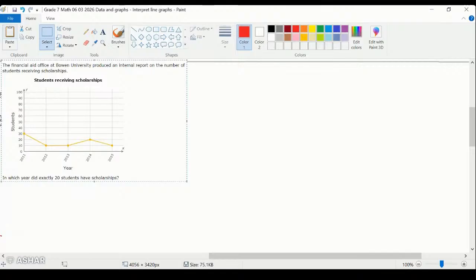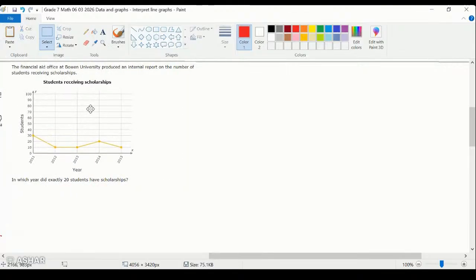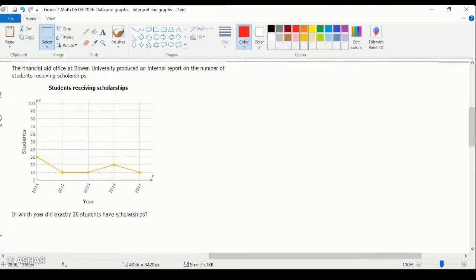Question number 7 says, the Financial Aid Office at Bowen University produced an internal report on the number of students receiving scholarships.